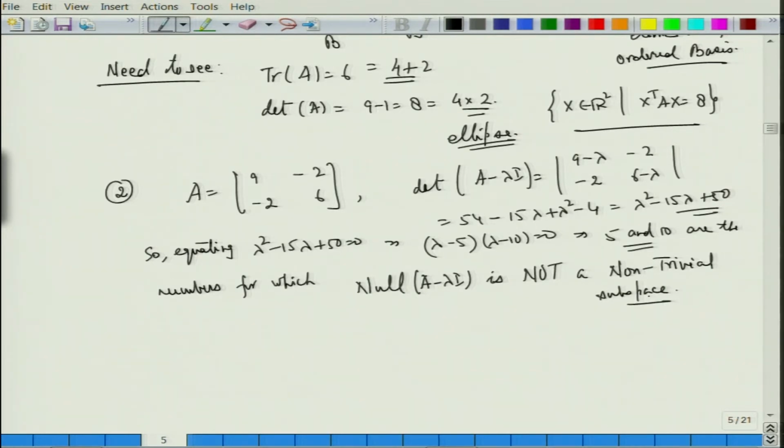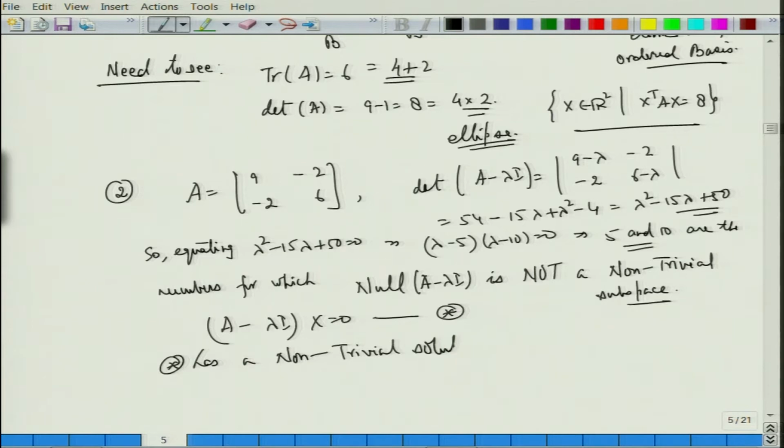Or if you want to say, what we had looked at is that if I look at (A minus lambda I)x equal to 0, call it star, then this has a non-trivial solution if and only if lambda is equal to 5 or 10. These are the only two choices for which star will have a non-trivial solution, otherwise it will have a trivial solution. Fine.